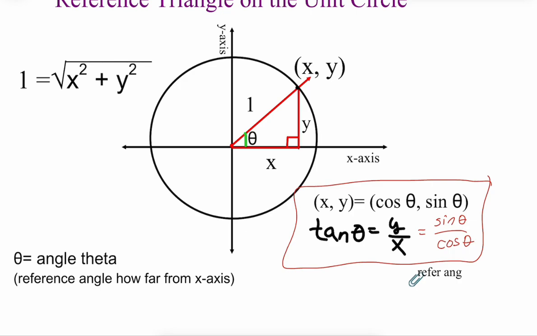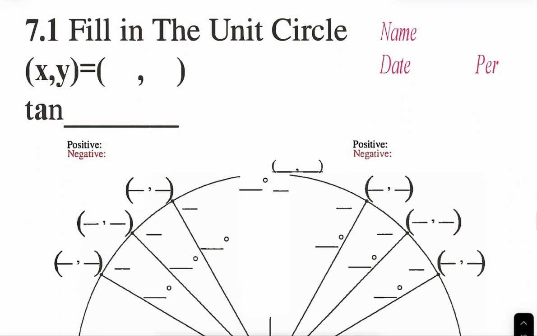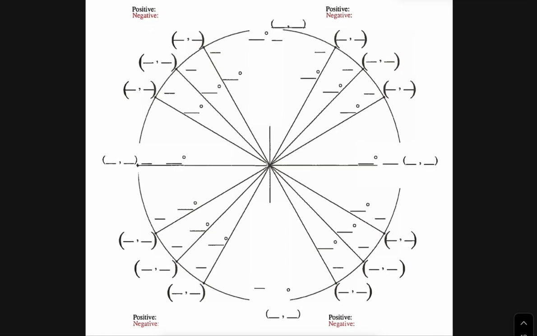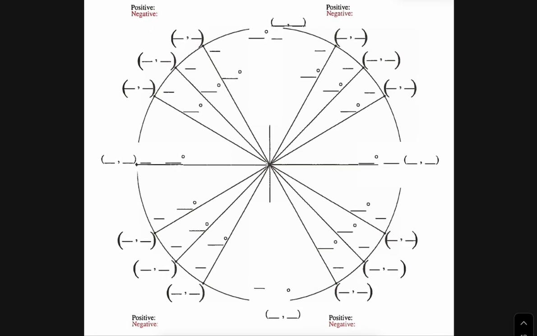What we're going to do now is, if you could please, you need 4 colors: yellow, blue, red, and green, or something similar. I have some if you didn't have any. And now, could you please take out your paper copy? Please, there's a spot that says, I think, 7-3 unit circle.